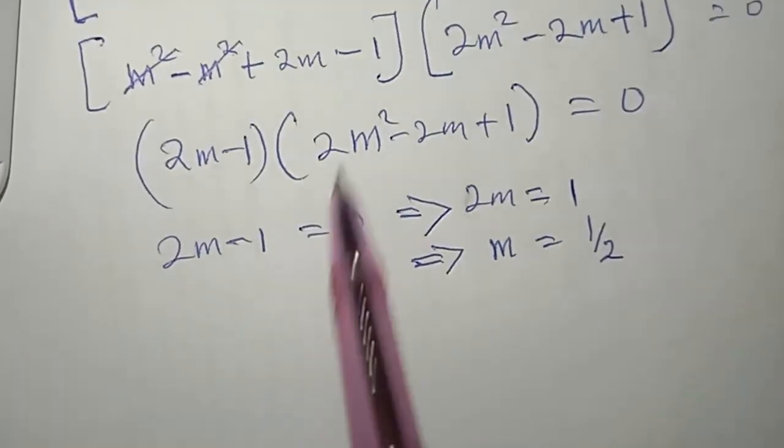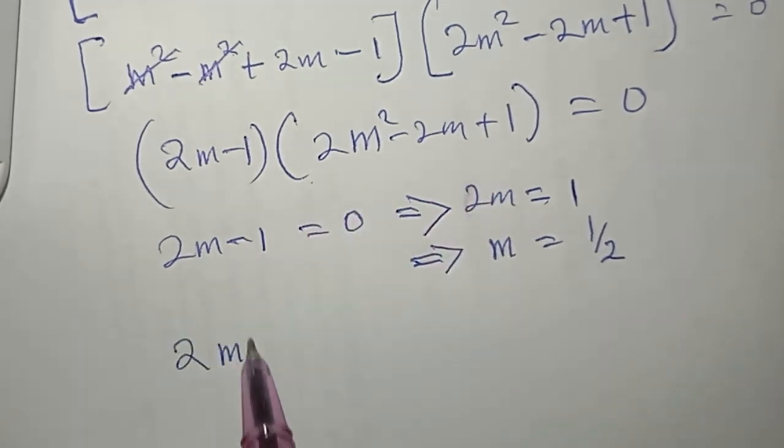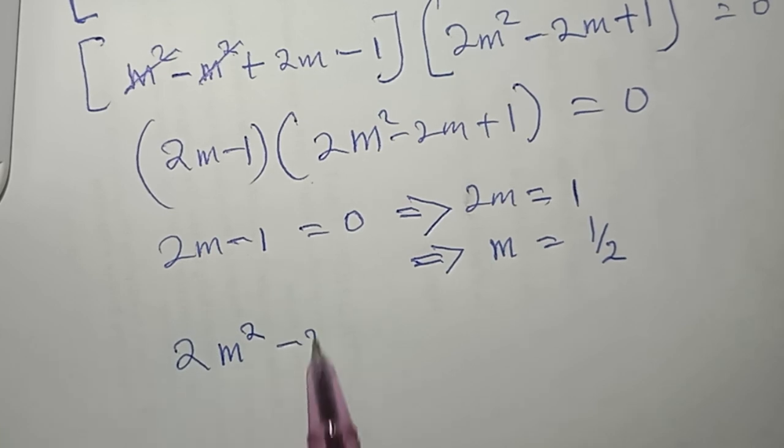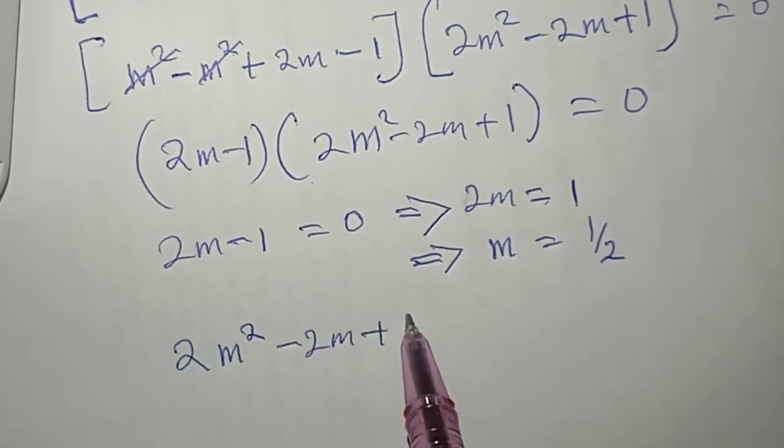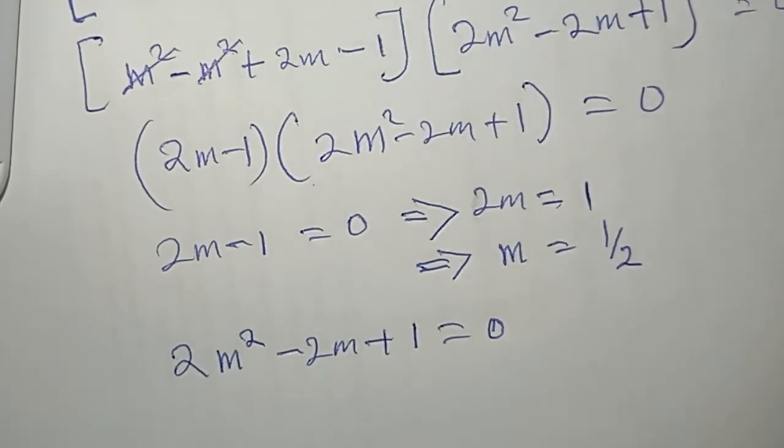Okay, and then for the second one, we have here that 2m squared minus 2m plus 1 is equal to 0. I'm going to use the formula method to solve this.